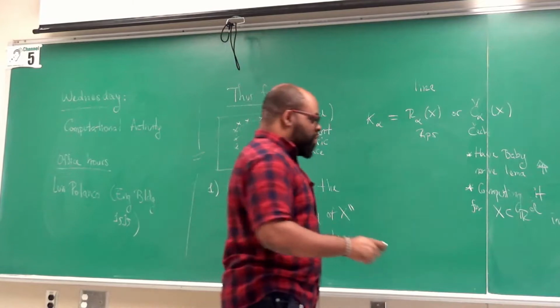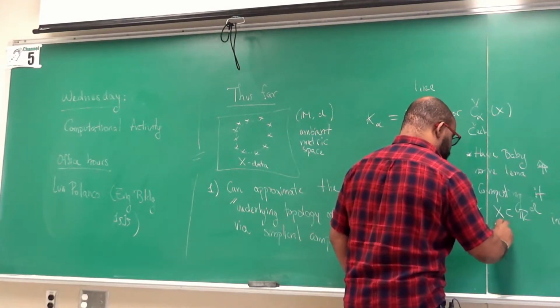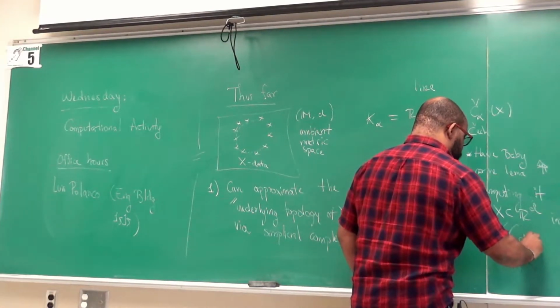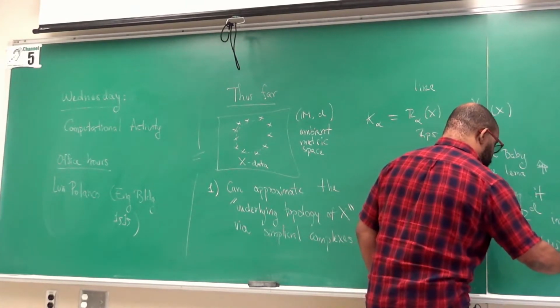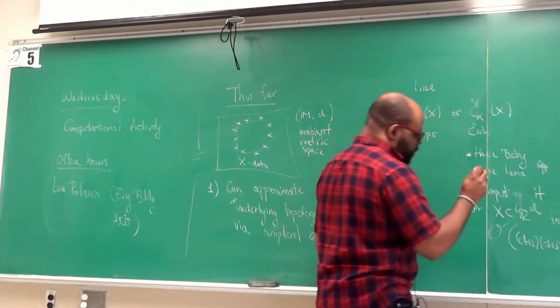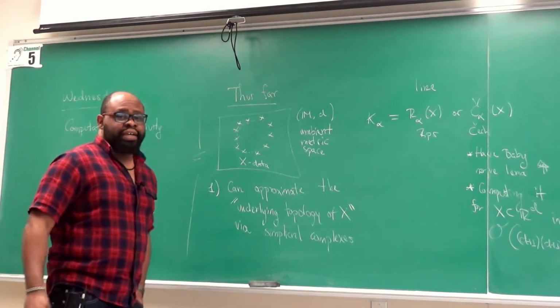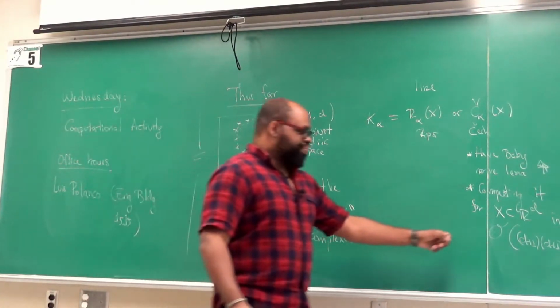That we saw is sort of computationally difficult. So this is big O of (d+1) times (d+1) factorial times n, where n is the number of points in the simplex you're trying to check. So this is bad.